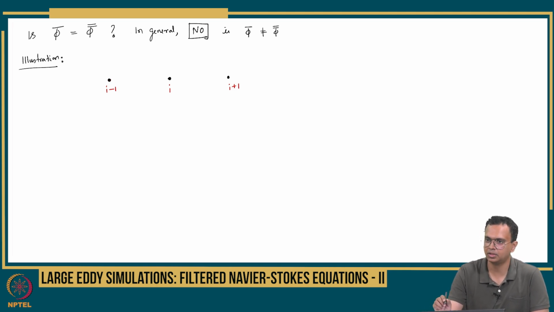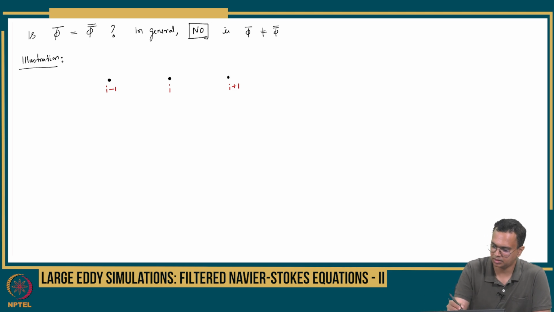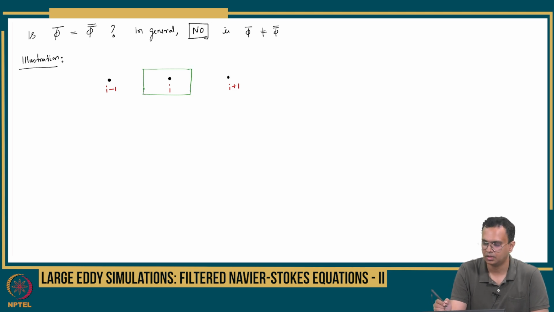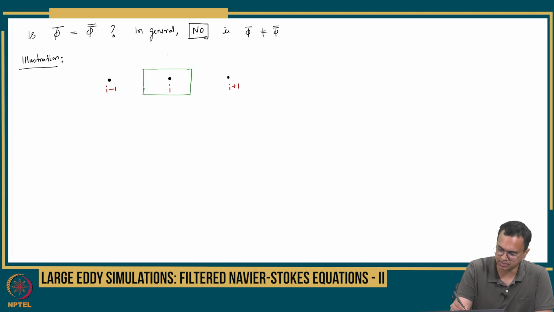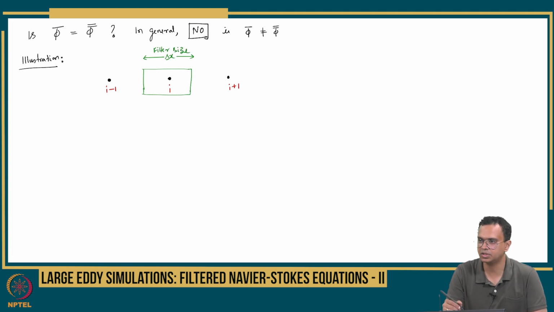Now I am going to put a filtering operation about I and look at phi I bar. I am taking a filter size called delta x. What I have used is called a box filter, which I will explain when we go to filter types.